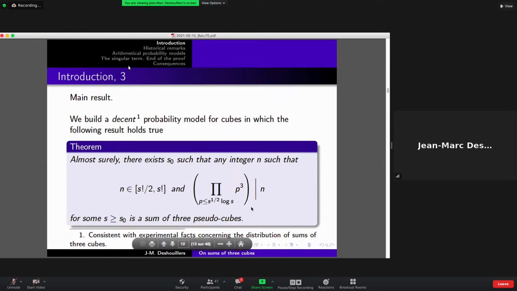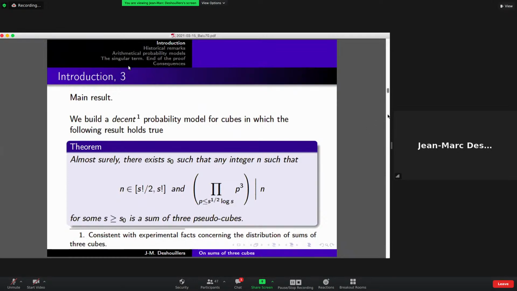So in our probabilistic model, almost surely 55 factorial is a sum of three cubes from some point onward. This value is enough for our model to work, but it permits us to consider 55 factorial, because 55 factorial is divisible by this number.